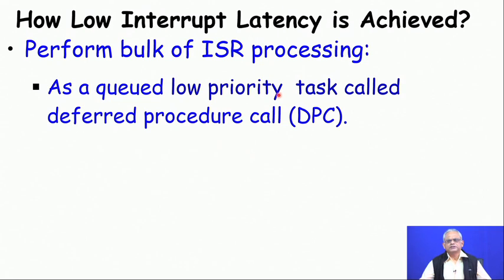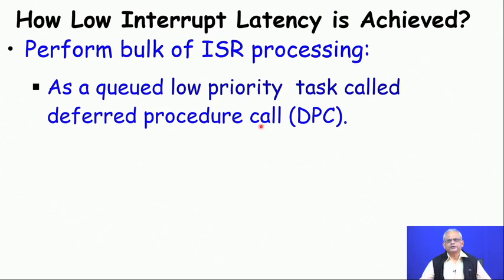The way in which many of the real time operating systems achieve low interrupt latency is by performing much of the interrupt service routine as a deferred procedure call, which runs like any other task. These are queued as low priority tasks called deferred procedure calls.